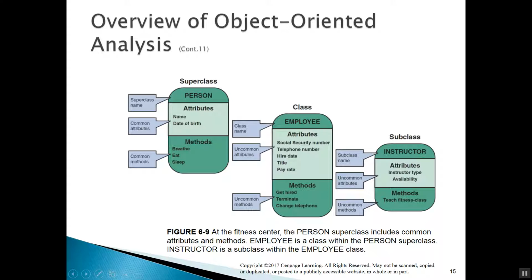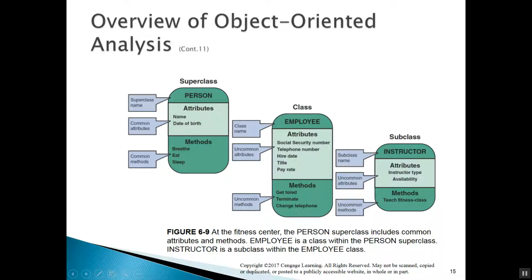So here we go. We've got a class. Here they're calling it a superclass. And we create an instance of it, which is employee. We can create an instance of employee, which is an instructor.